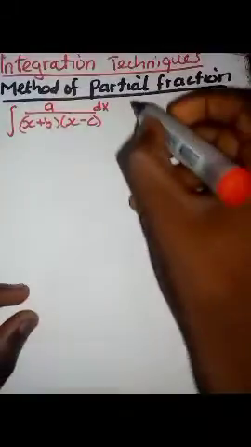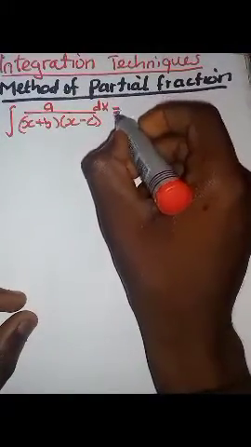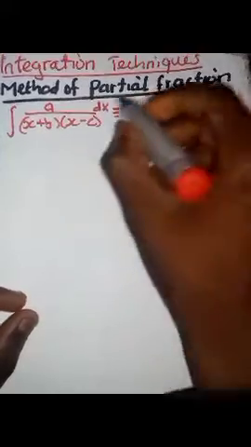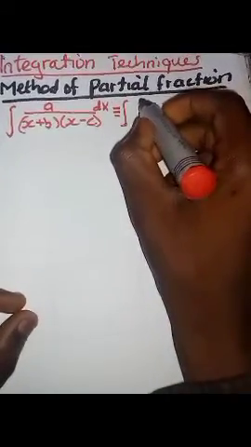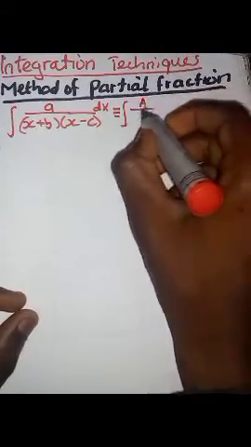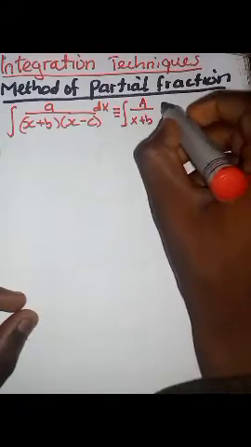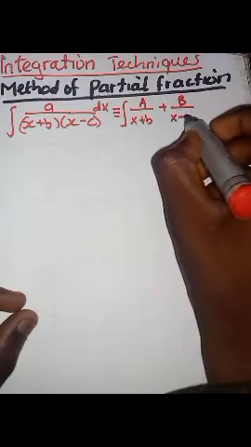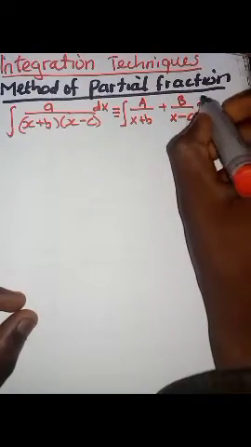We may be asked to evaluate this integral. In this case, we can simply express it in partial fractions and say this is identically equal to the integral of capital A over (x plus b) plus capital B over (x minus c), dx.